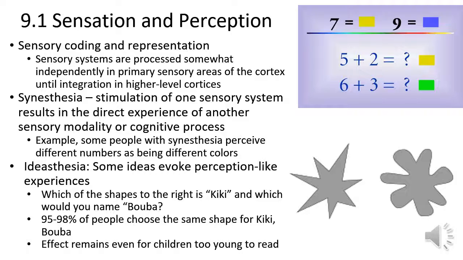And about 95 to 98% of the people chose the same shape for Kiki and Booba. So decide for yourself which one you think is Kiki and which is Booba. If you agree with about 95 to 98% of people, Kiki would be the spiky one, and Booba would be the more curvy one.